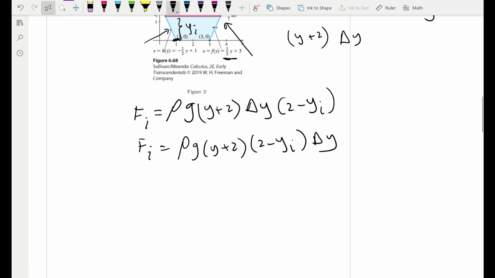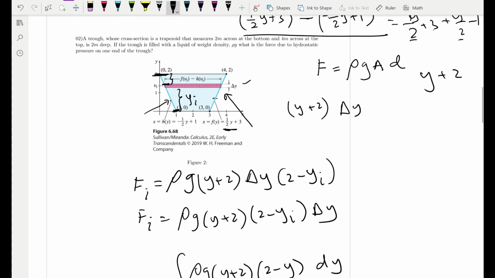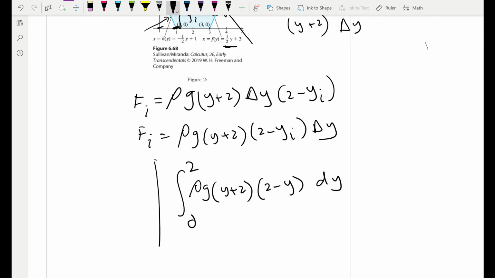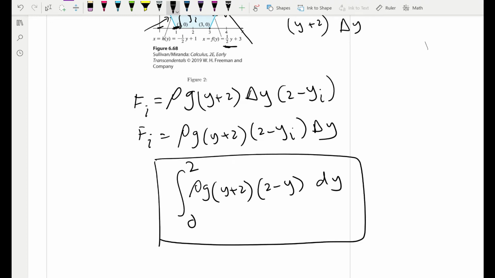Then the integral is rho g times the integral of (y plus 2)(2 minus y) dy, integrating from bottom to top, from 0 to 2. This integral gives you the force exerted upon the entire trapezoid.